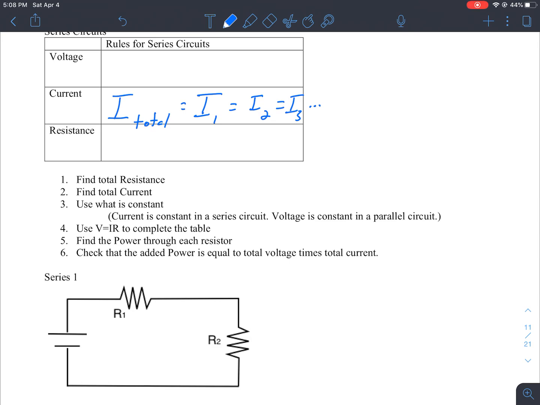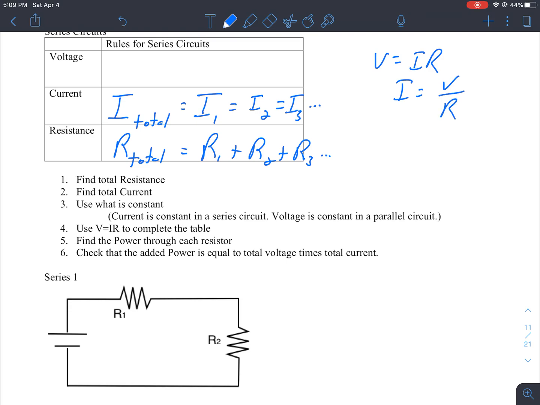The more friction you put on something, or just within a car, the more sources of friction, that's going to slow down that car. So to get the total, resistance is going to add. And then looking at Ohm's law, V equals IR, or I equals V over R, voltage would have to also add.